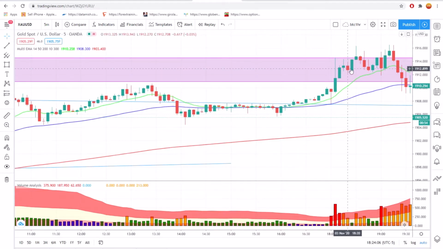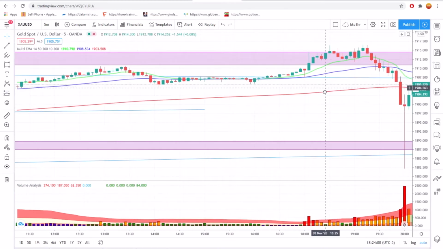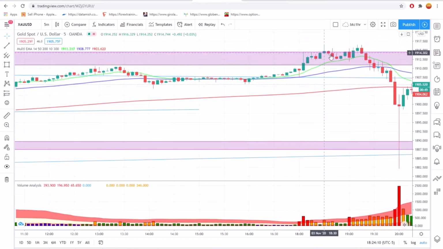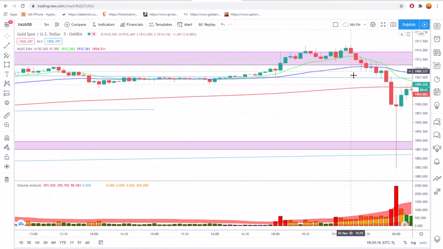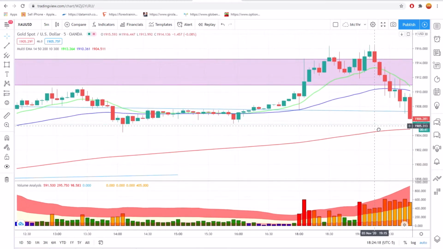Still no confirmation, still no confirmation. We come in here, and we're starting to see a little bit of push up, pull back, push up, pull back. So this is exactly what I was looking at.